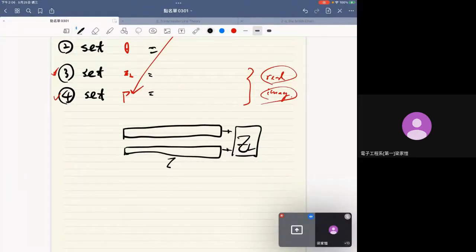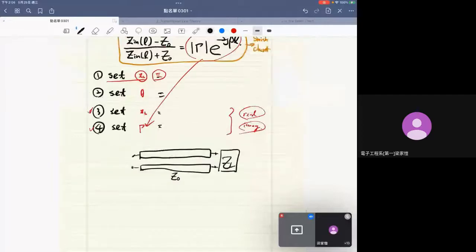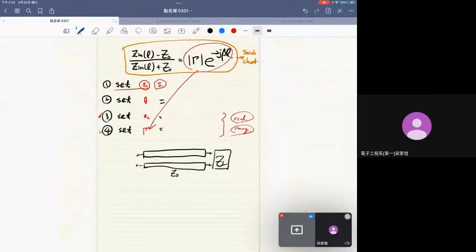If this is ZL, and the characteristic impedance of the transmission line is Z0, think about that. For example, this is a transmission line. The characteristic impedance is 50 ohm. You connect this transmission line to a load, which is, for example, 100 ohm.